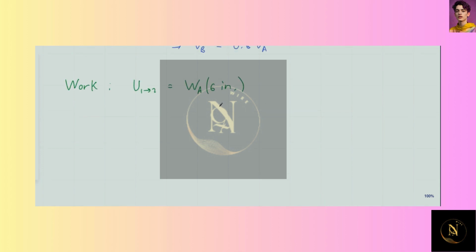So the work done is the weight times the distance. This is a weight of 6 pounds, and 6 inches is 6 over 12 feet. And so we get the work done to be 3 foot-pounds. The initial kinetic energy, T1, is equal to 0. The entire system is at rest.